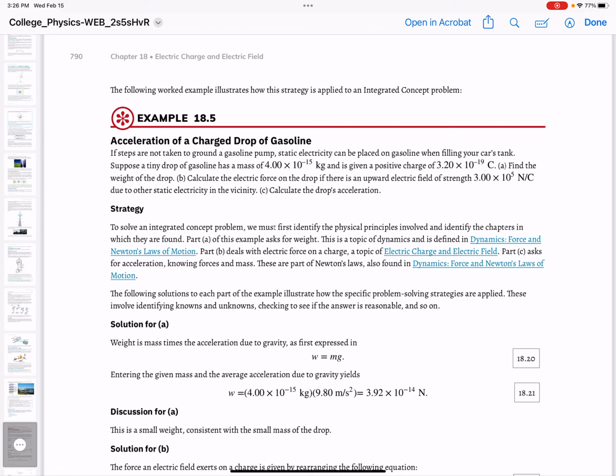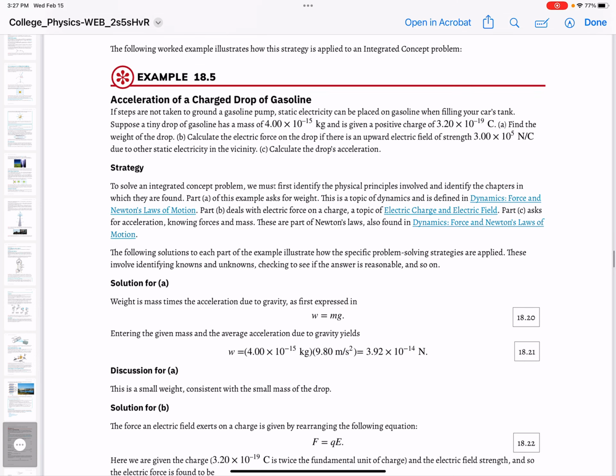Okay, so that's easy. We're going to calculate the electric force on the drop if there is an upward electric field strength of 3.0 times 10 to the 5th newtons per coulomb, maybe due to some electrostatic forces in the vicinity. And then we're going to calculate the drop's acceleration.